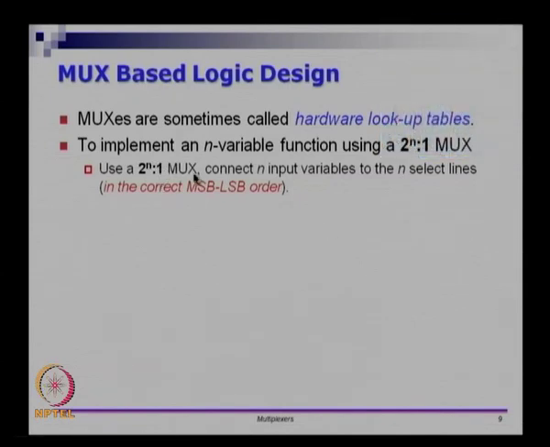So you use a 2 power n to 1 mux, and connect the n input variables to the n select lines in the most significant bit to the least significant bit order. I always mention this: f of x y z means x is the first leftmost column, y is the next column, z is the next column, and so on. So if I write f of x y z, then x is the most significant bit and z is the least significant bit.